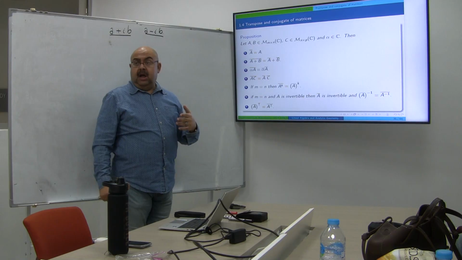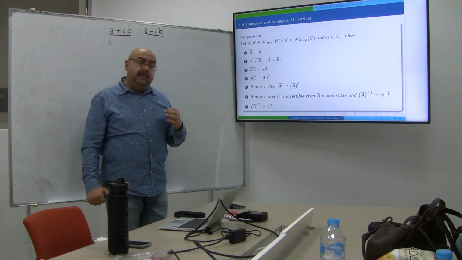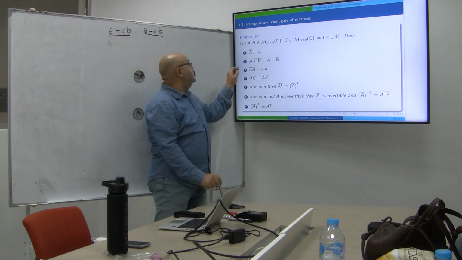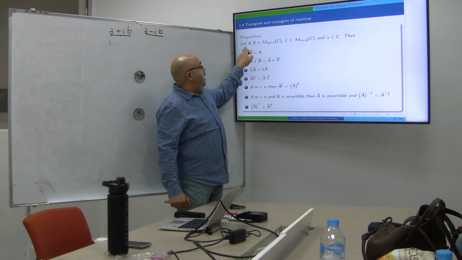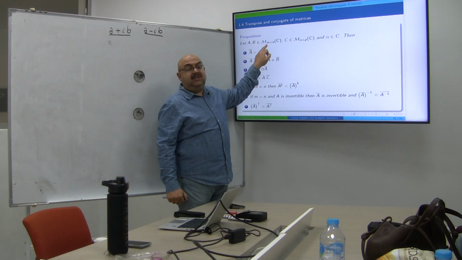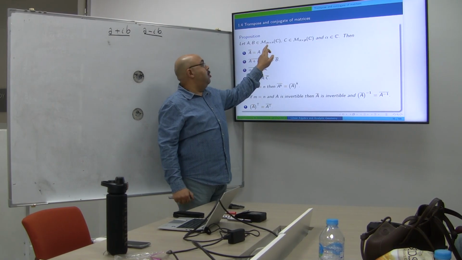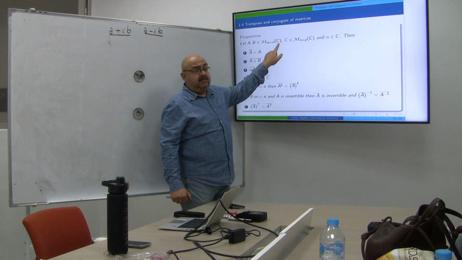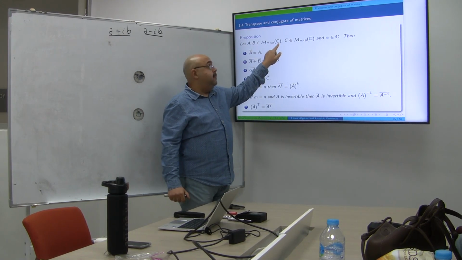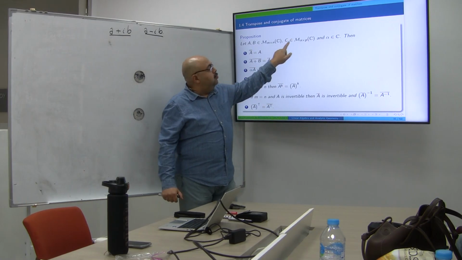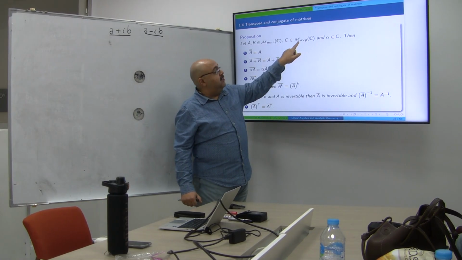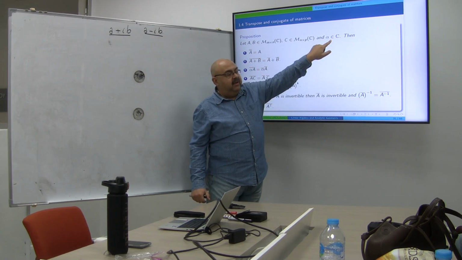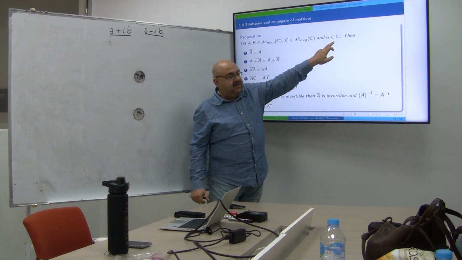We will denote the conjugates of matrices by a bar above the matrix. So if I have A and B belonging to the set of matrices M by N, which contains M rows and N columns, and it is a matrix with complex numbers, because C stands for complex numbers, and C belongs to N by P, so it has N rows and P columns, and alpha is a scalar value that belongs to the complex set.